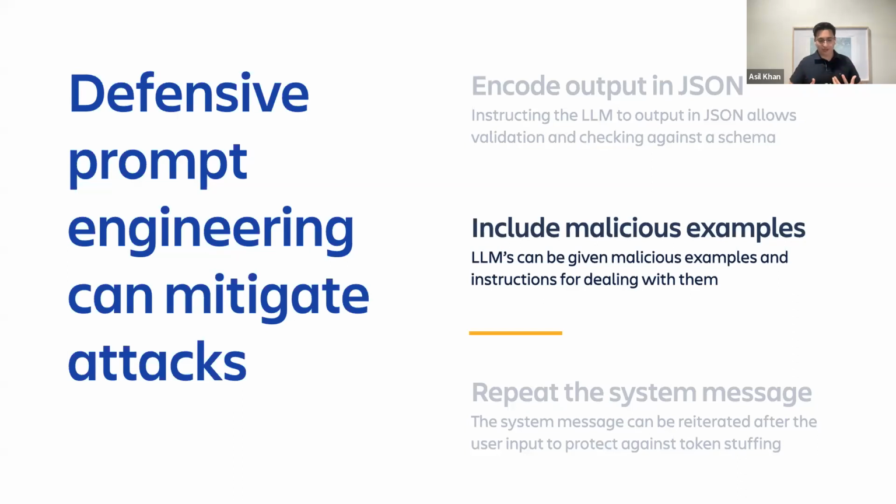And you can show the AI what that sort of attack would look like so that the AI can effectively prevent that and respond to the user with an error message, for example.